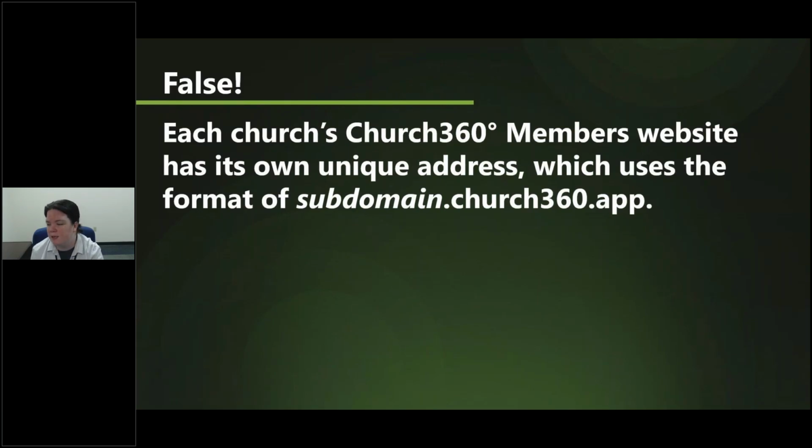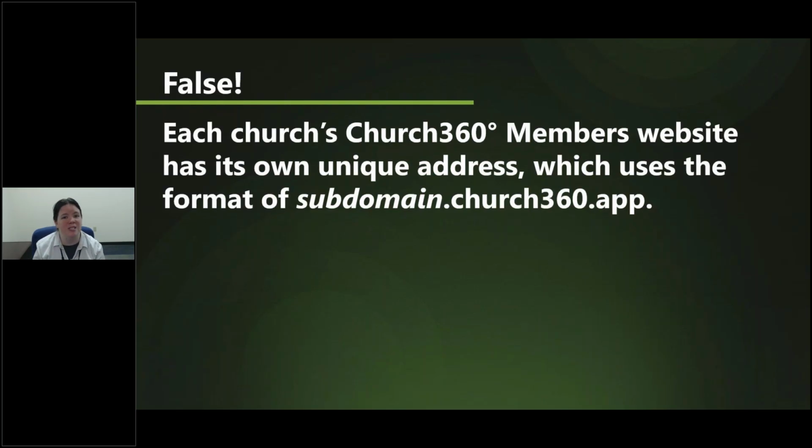The Church360 members domain was an old domain, but we do have the church360.app domain now, and it also requires a subdomain that is specific to your particular church's website. In my instance, it was webinardb.church360.app.